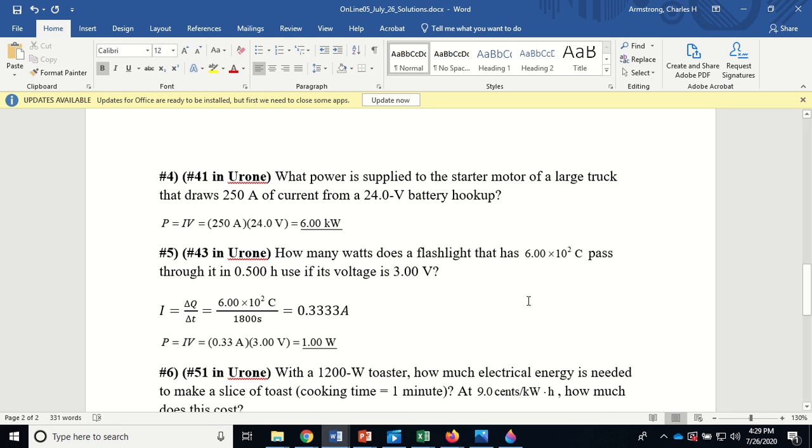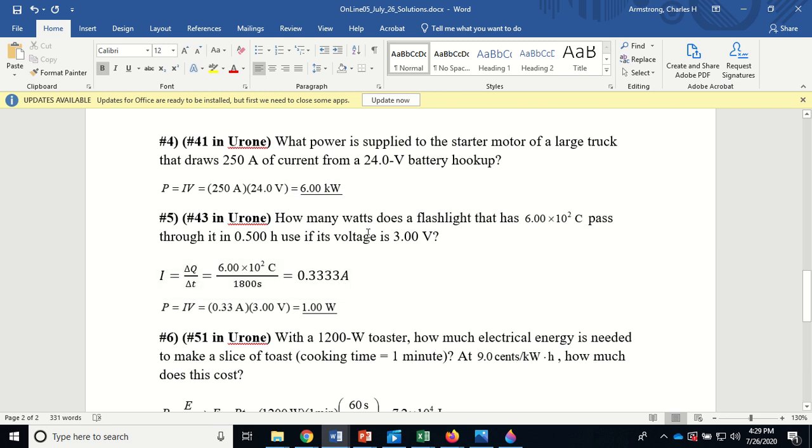Okay. How many watts is a flashlight that has 6 times 10 to the second, or 600 coulombs, pass through it in half an hour, 0.5 hours? Well, there's 3,600 seconds in an hour, so in half an hour there'd be 1,800 seconds. So you take the charge divided by the time, and you would get 0.3333 amps.